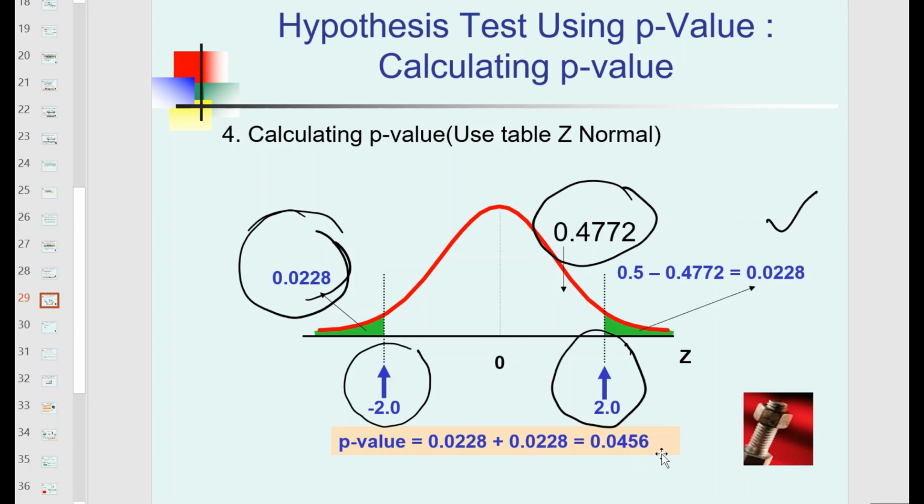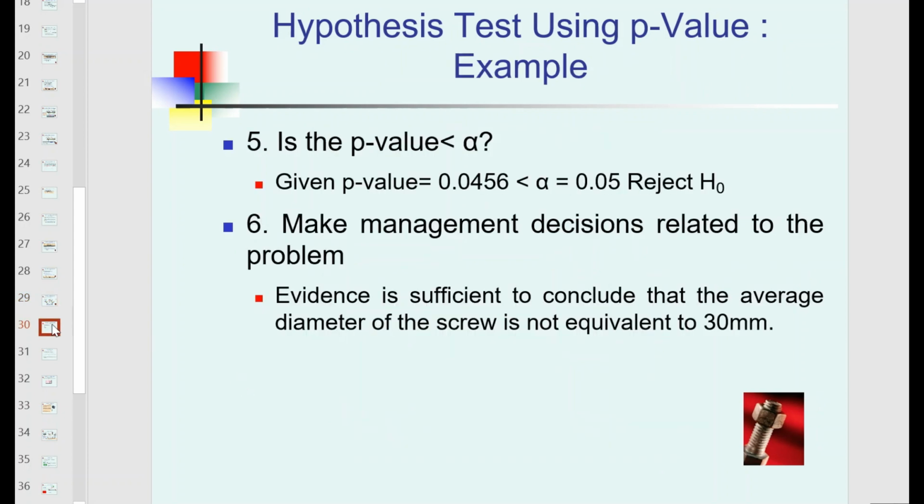So remember that these are only the steps to calculate your p-value. You need to compare it with your alpha. So we move to the next slide. Now you already know that your p-value after you calculate is 0.0456, and whether you need to reject or not reject depends on the comparison with your alpha.